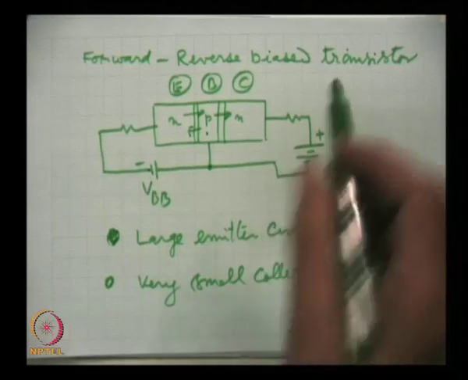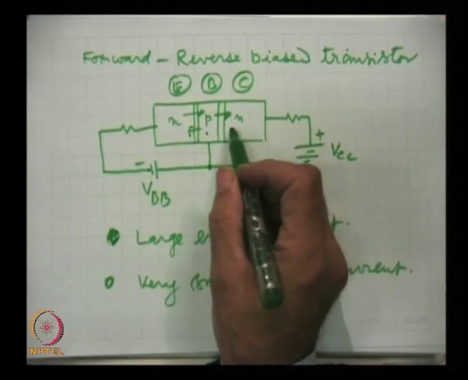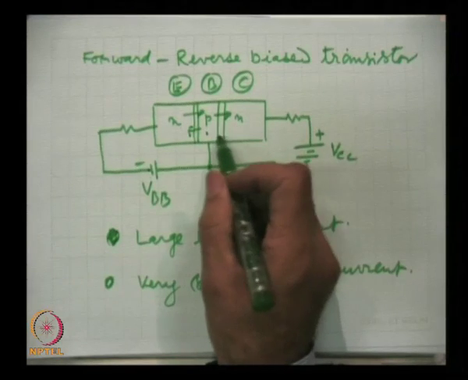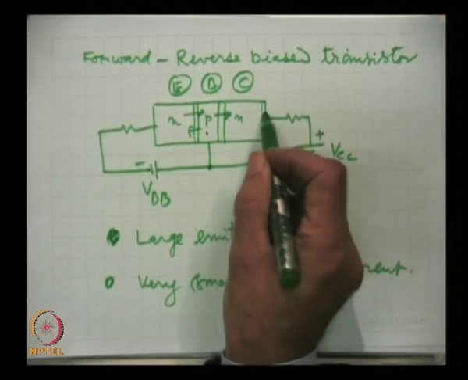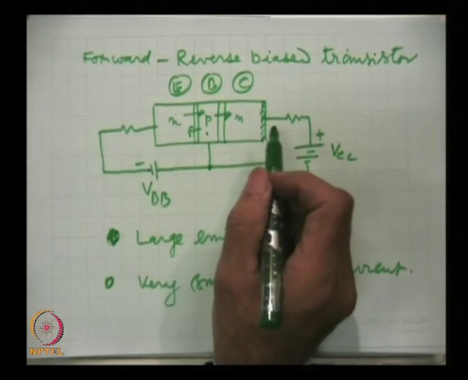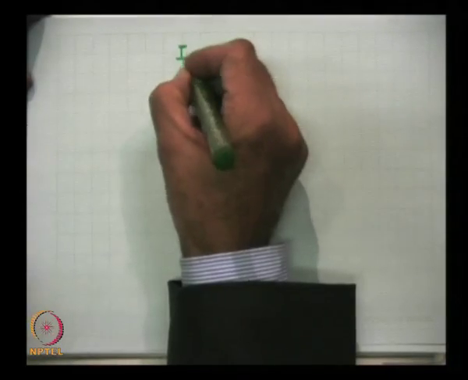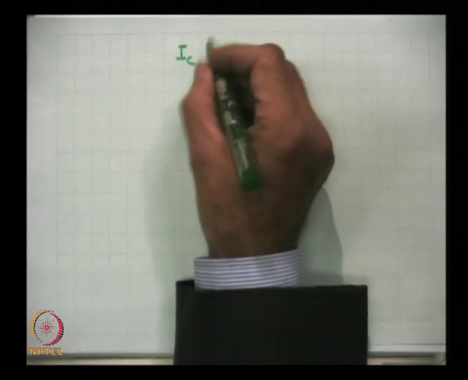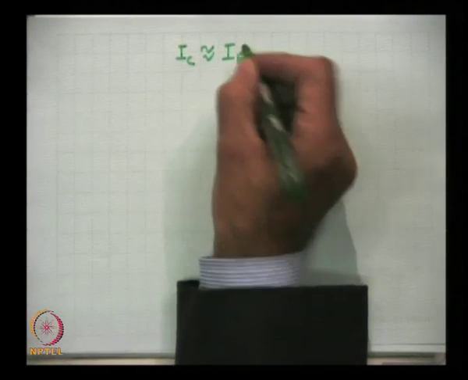And here, because this is the positive terminal, they will be taken away and will move towards the electrode we call the collector. So, actually speaking, in this case the collector current is very close to the emitter current.